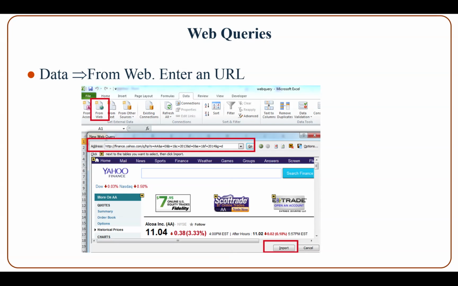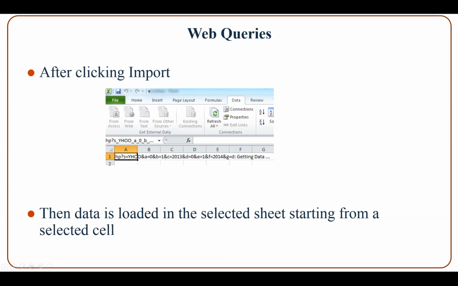Doing this manually in Excel, in the Data tab, you click the From Web button, and then in the New Web Query dialog, type in the URL, and this URL is for querying the stock price of Alcoa Inc. that we discussed before. And then after clicking Import, the data is imported into the worksheet for you.